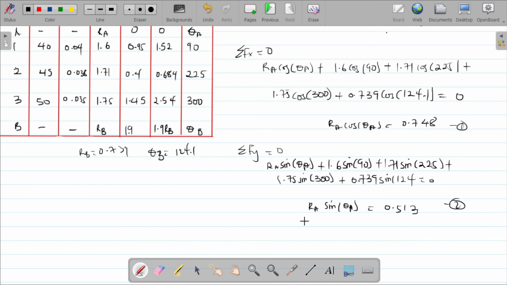So we're going to have RA over RB, right? So we're going to have equation 2 over equation 1. This gives us RA sine theta A all over RA cos theta A is equal to 0.513 over 0.748.